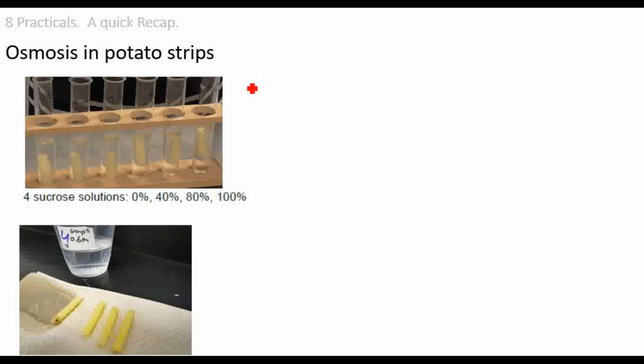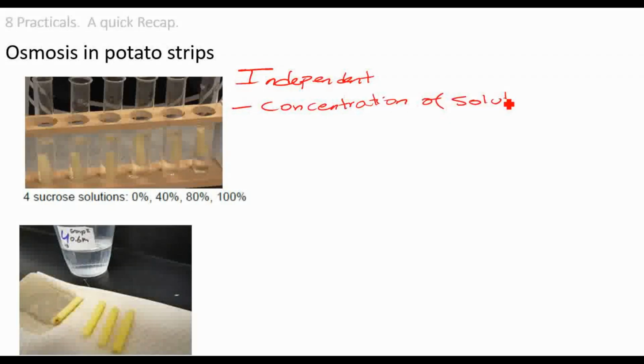When doing this, ensure that you know the variables, okay? So your independent variable is the concentration of the solution, okay? And by the way, independent means what you're changing in the experiment. Your dependent variable is what you're measuring.